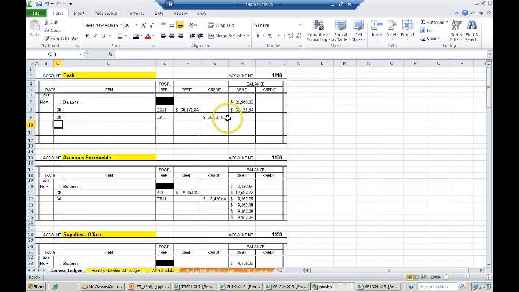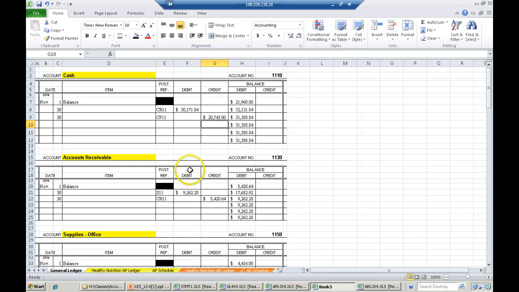Now again, we're going to have to run this formula down. That's the amount you should get. Actually, this is $20,743. That's the amount you should get.